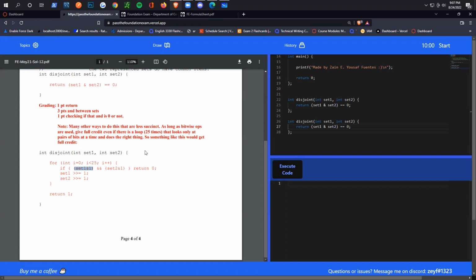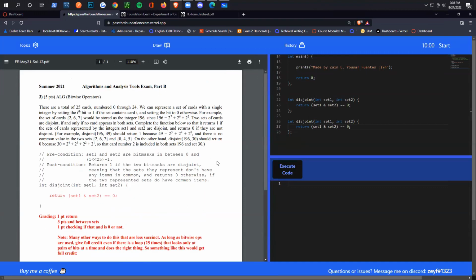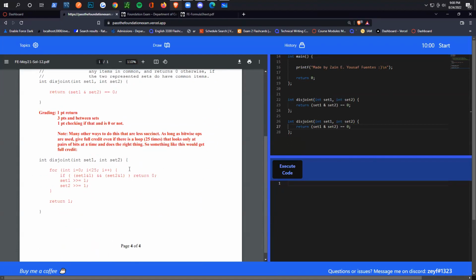Okay, if they're not on, keep going. If they are both on, that means they have an intersection and therefore return 0, meaning they're not disjoint, they're joint. So that's the whole idea. It's kind of like a theoretical question, but again, you see common, it's either and or it's XOR. So yeah, there we go.